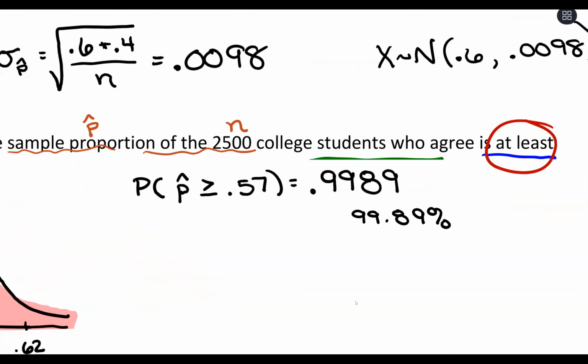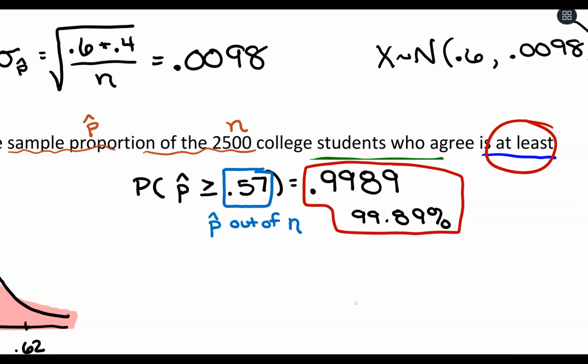So something to keep in mind with the values that we're getting out here: this 0.57 is a sample proportion out of our sample size. That's some proportion out of 2,500 college students. That's what the 57% represents. Then over here, these values that we're getting out are a probability, or you could think of this as our percent chance.